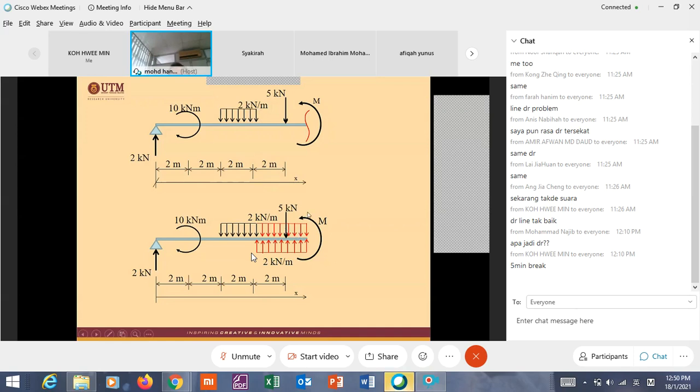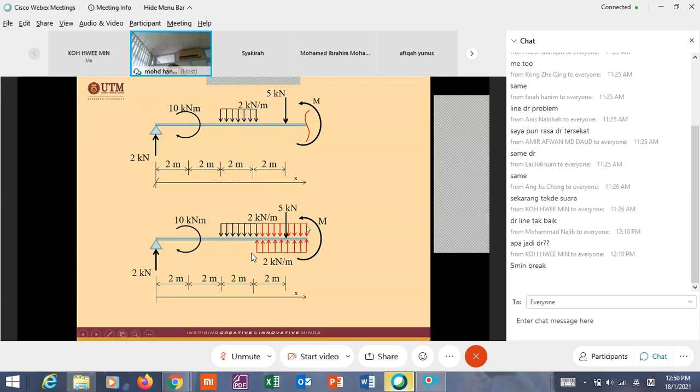The point here is that the x point where you are deriving the equation, all the uniformly distributed load should extend to that point.